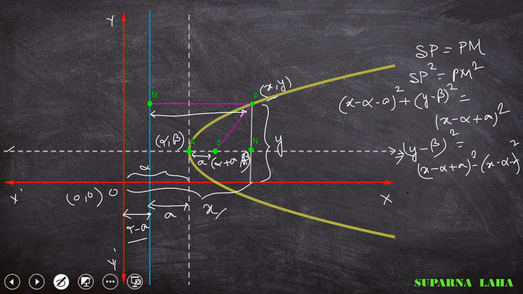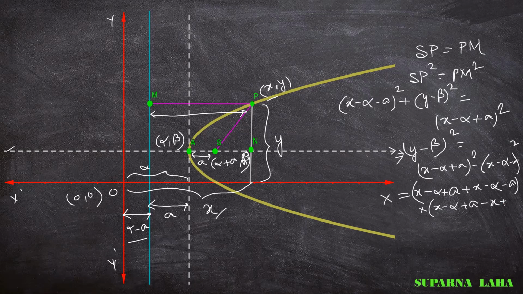So if we put the formula, you will find x minus alpha plus a plus x minus alpha minus a, into x minus alpha plus a minus x plus alpha plus a.